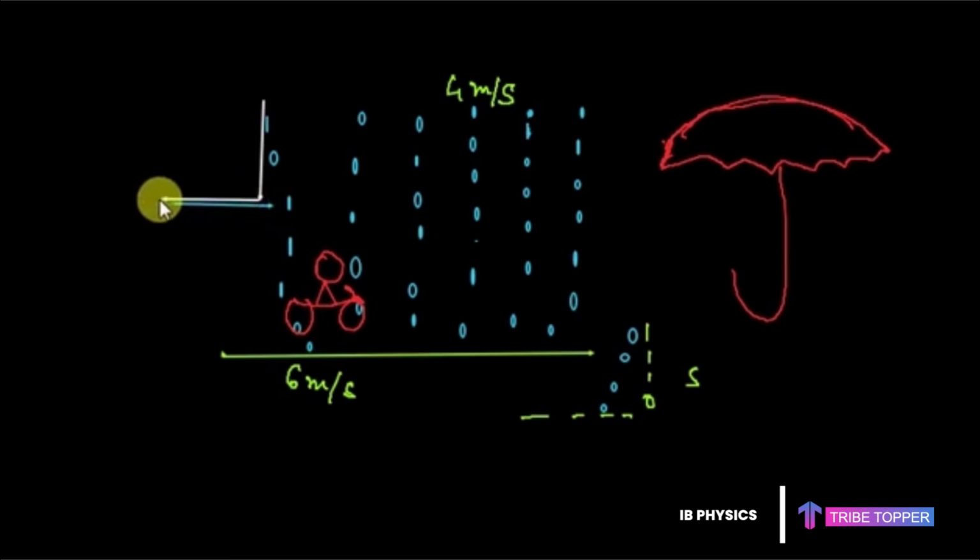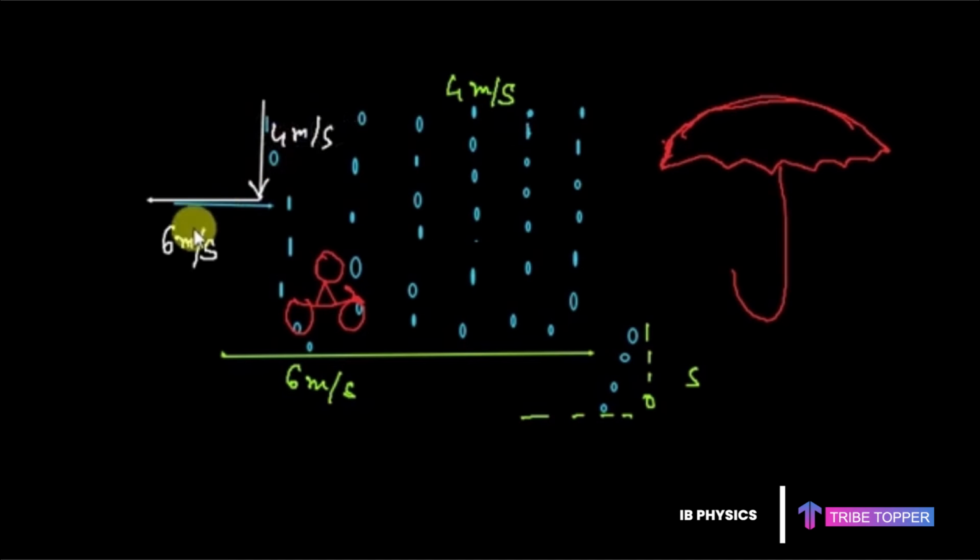So we will take that rain is coming towards you with a velocity of 6 meters per second. We won't say that you are moving towards the right, but that the rain is moving towards you, because according to you it's moving towards you. So whatever velocity with which you are moving towards the right, the rain appears to be approaching you at the same velocity, and this is 4 meters per second downwards.